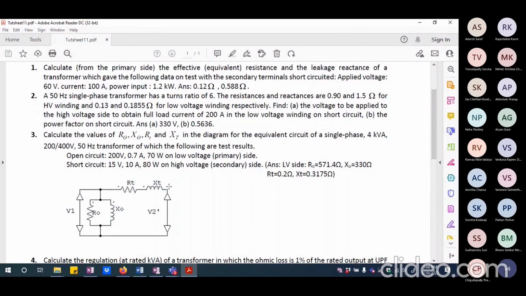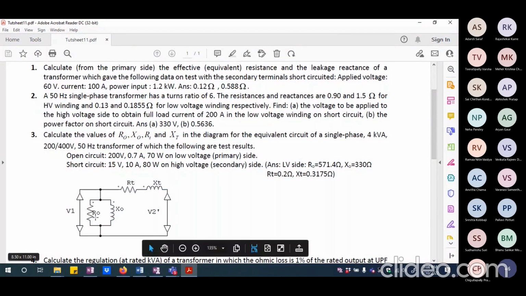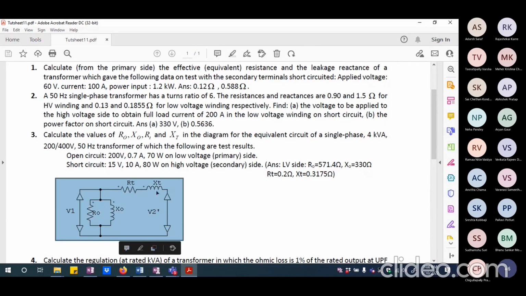Depending upon the book, they may have the notation slightly different. I had called this as RC. These fellows are calling this as R0. I had called this as XM. This is being called here as X0. That's all.